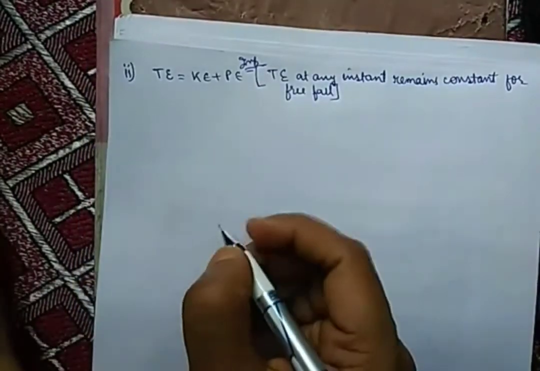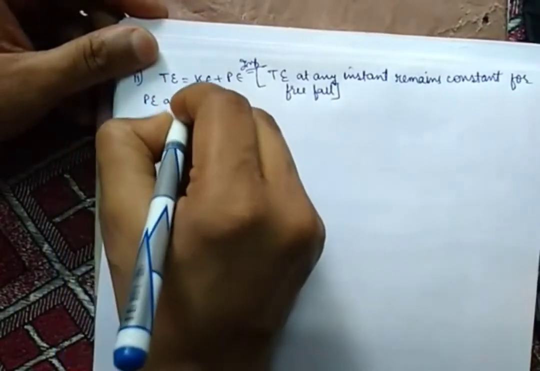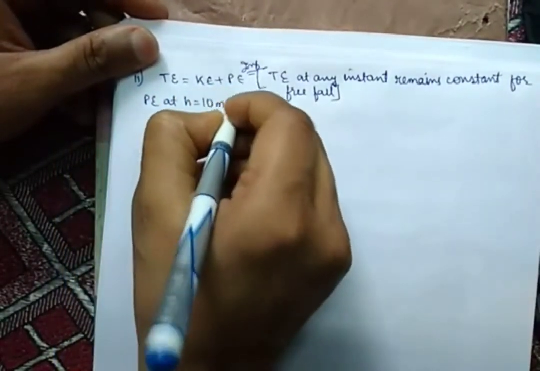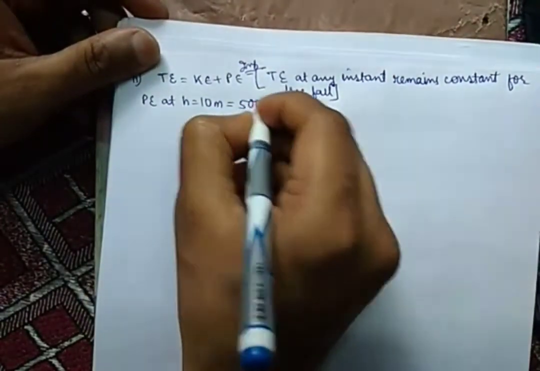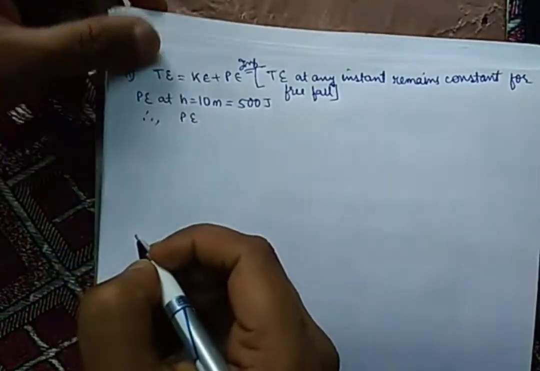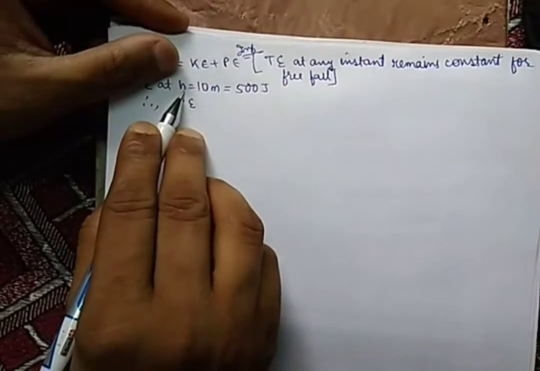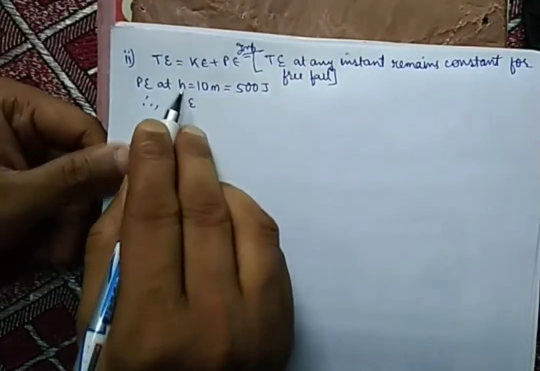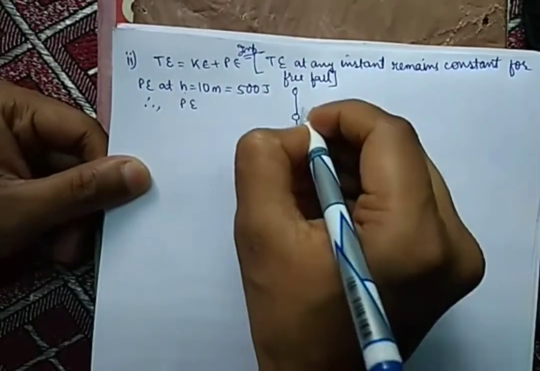Okay, so the potential energy at h equal to 10 meter is equal to how much? 500 joule. Therefore, potential energy at height 10, that is topmost point. This is 4 and this is 10.